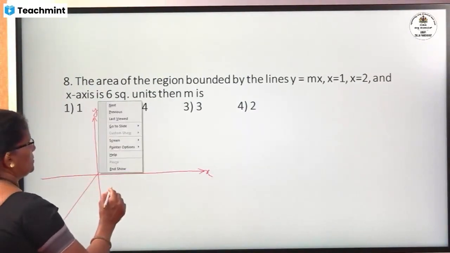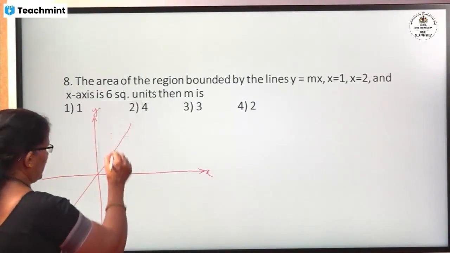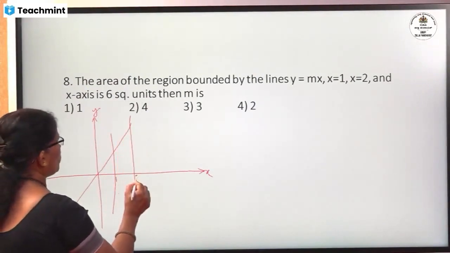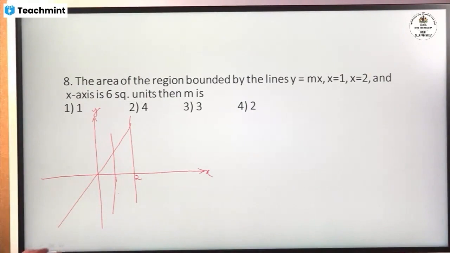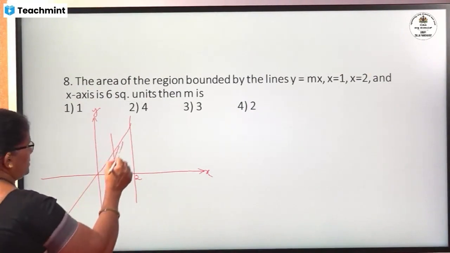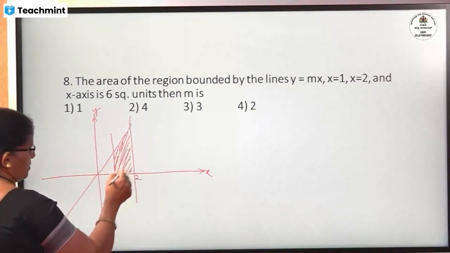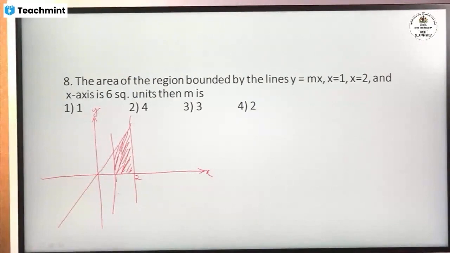Correct? Now one line is x equal to 1, another line is x equal to 2. So this area is given to be 6.